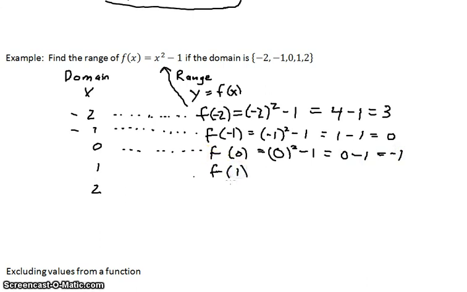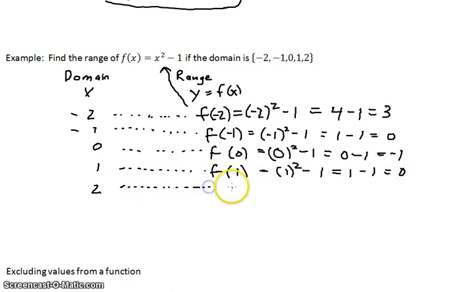Then I'll plug in 1, which will be 1 squared minus 1, or 1 minus 1, which is 0. And then 2. So I plug in that into the function. So I get 2 squared minus 1, or 4 minus 1, which is 3.